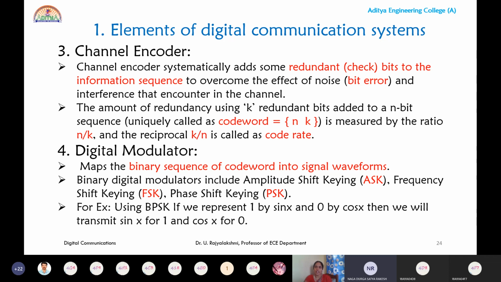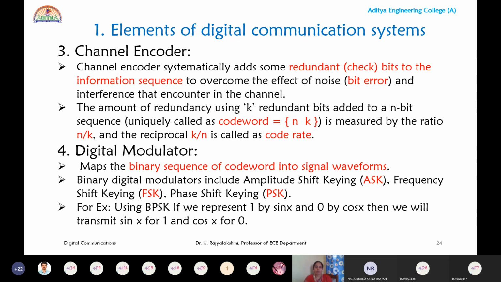The importance of k redundant bits is mainly to identify the bit error location and to overcome the bit errors. So bit errors can be detected and corrected by using the channel encoder.